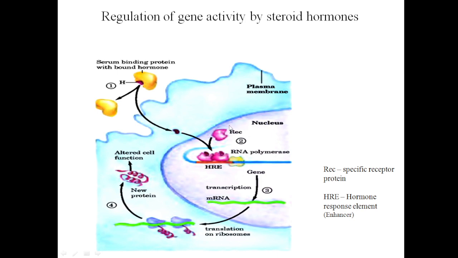Receptors were inactive before, but interaction with hormone will lead to their activation. Complex will interact with enhancer. These enhancers are called hormone responsive elements, and it will lead to activation of RNA polymerase and activation of synthesis of corresponding polypeptides.